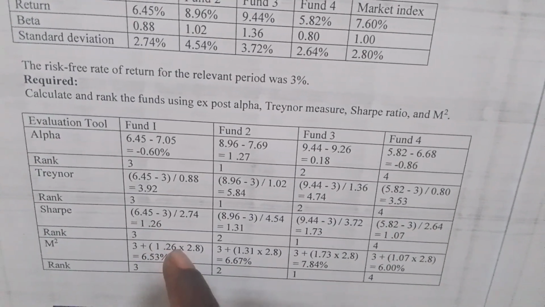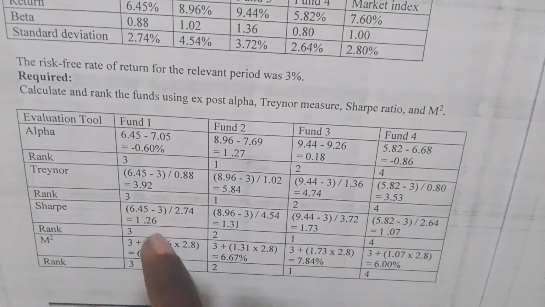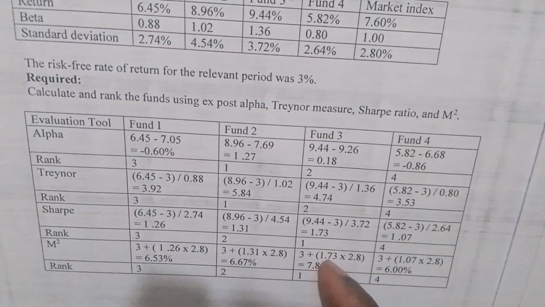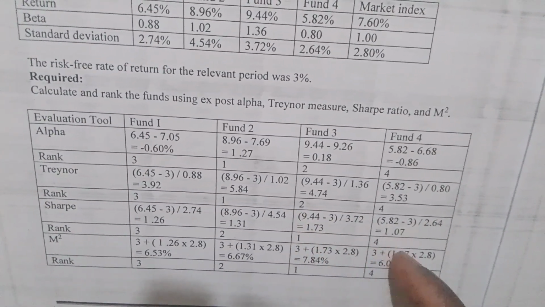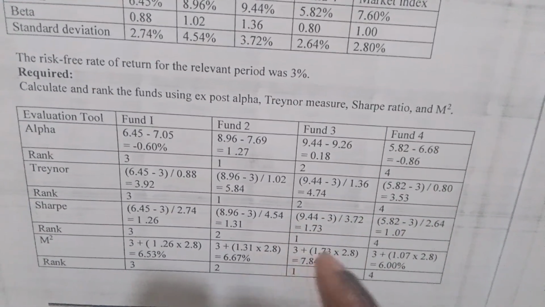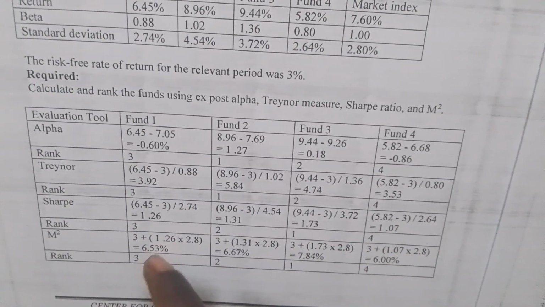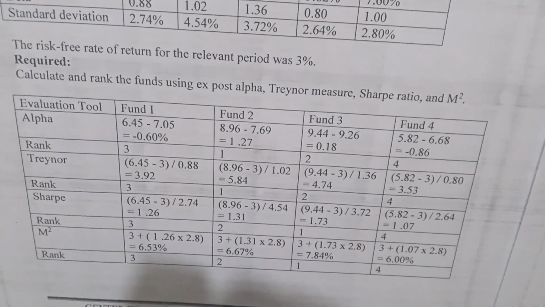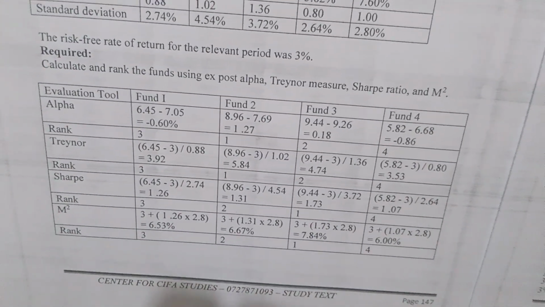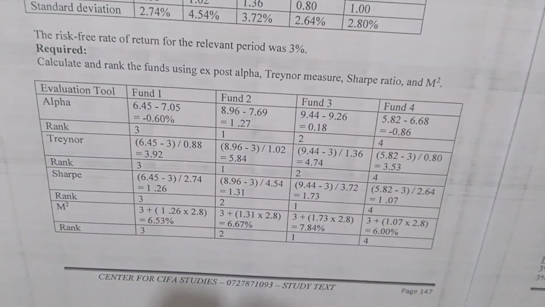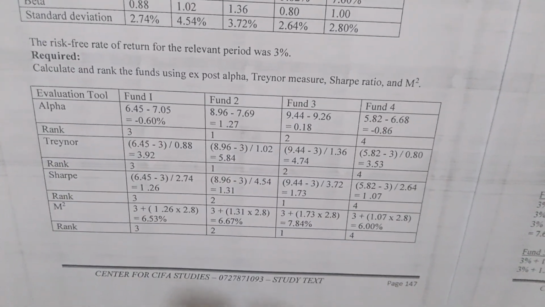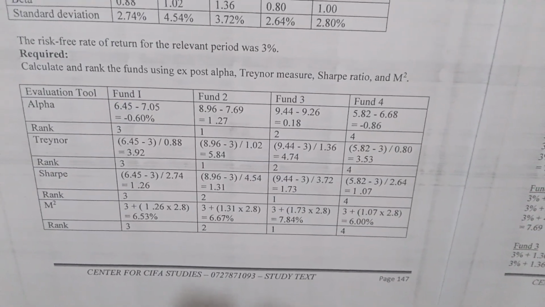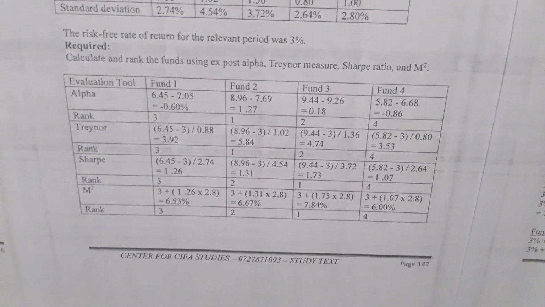Plus, into brackets, Sharpe's, the one you have calculated up there, 1.26, 1.31, 1.73, 1.07. And once you work out that, you have your Modigliani and Modigliani measures or ratios, and you rank them starting with the highest, which is fund 3, followed by fund 2, followed by fund 1, and then fund 4.